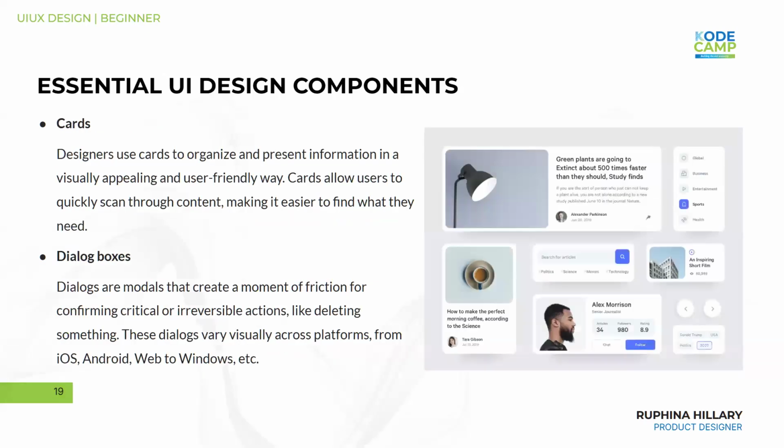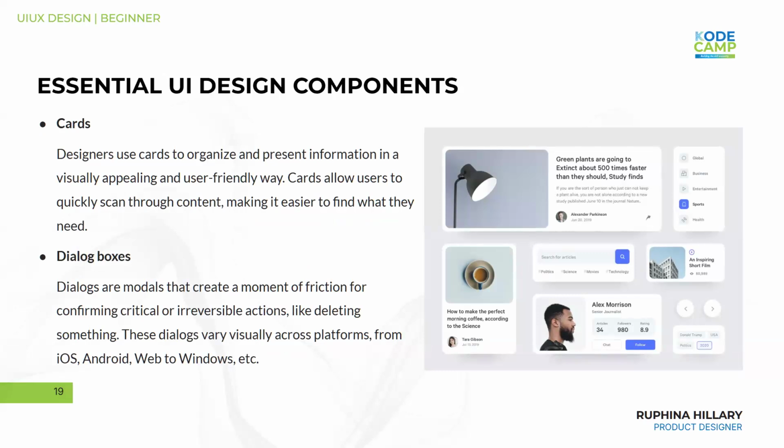So we also have cards, right? Cards are UI components that allow you to structure and organize your information in a way that is visually appealing and user friendly, right?